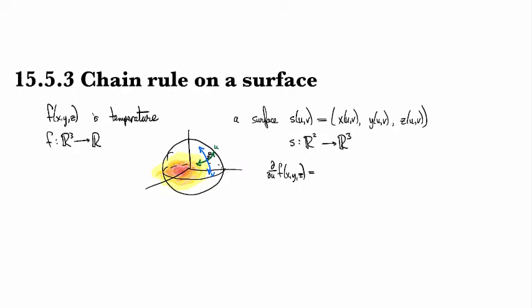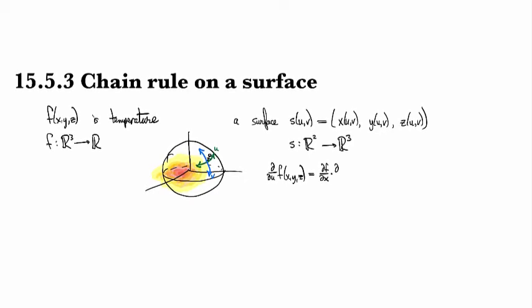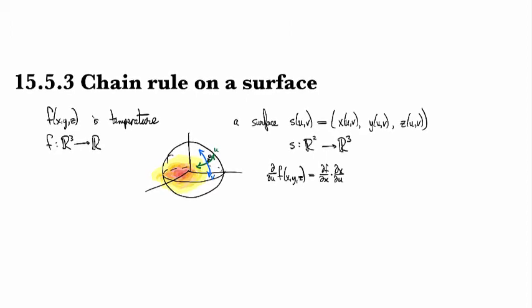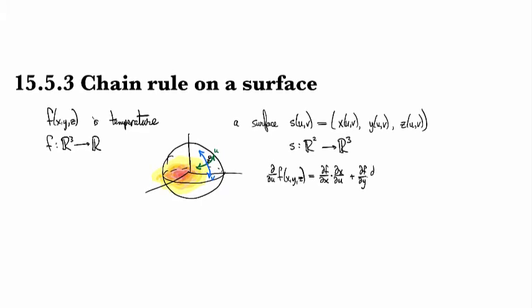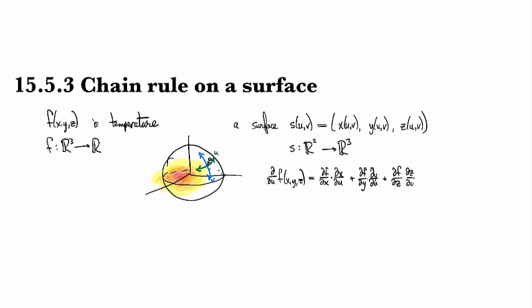So if we want to look at the change in f as u changes, then this is going to be the rate of change of f as x changes times the rate of change in x as u changes, and then we have df dy, dy du, and df dz, dz du.